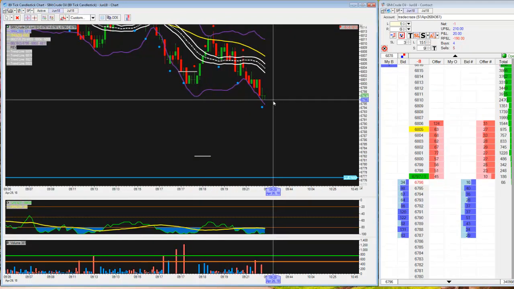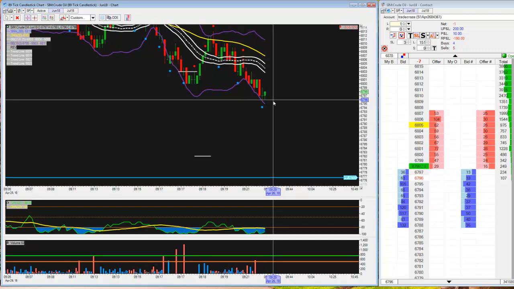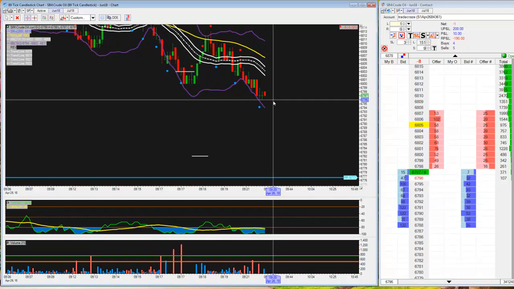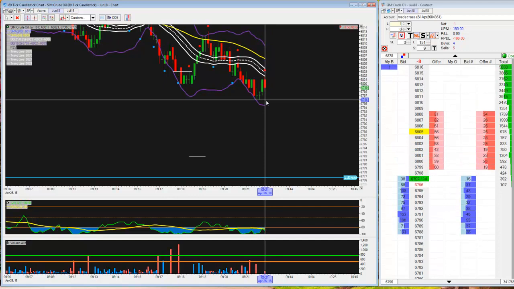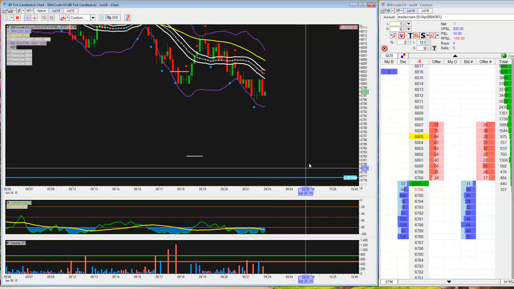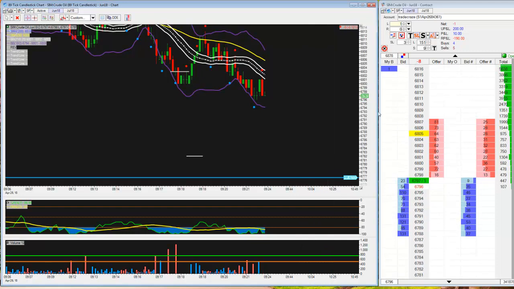Alright, we touched the low. Lowest session again is 67.96 right there. See if we can break through it. How far can we break through?